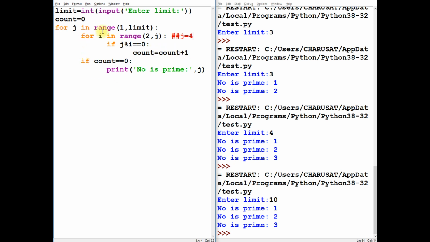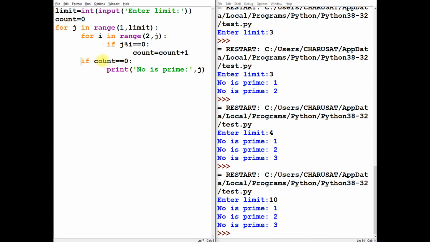Now again it will go back. Now the number is 5, suppose, and at that time my count value is still 1. That's why it is not happening. So after each loop I have to reset my count so that it starts with 0.